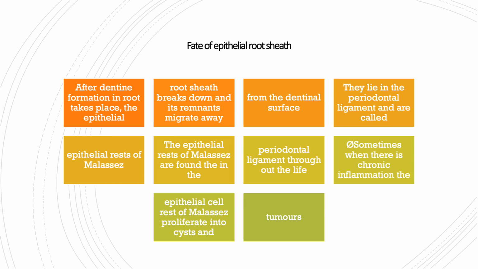Sometimes if there is a chronic inflammation, or a cyst in either the upper or lower jaw, it may be related to the epithelial rests of Malassez. Also, if there is a tumor of the upper or lower jaw, it may be due to the epithelial rests of Malassez, which are the remnants of the epithelial root sheath.